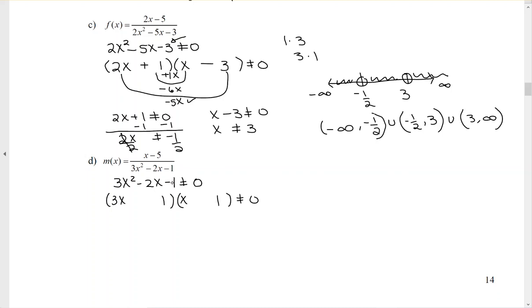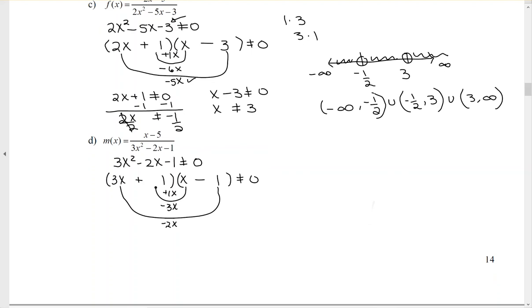So 1 times 1 is 1, but then I have to put in opposite signs because I need -1. So 1's going to be positive, 1's going to be negative, but I need to double check. So I multiply +1 times x, -1 times 3, and then add those two up. And I do get the -2x that I needed in the middle.